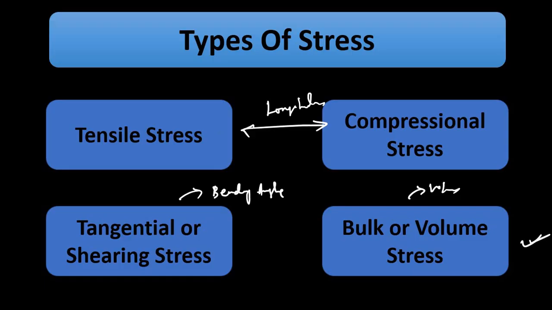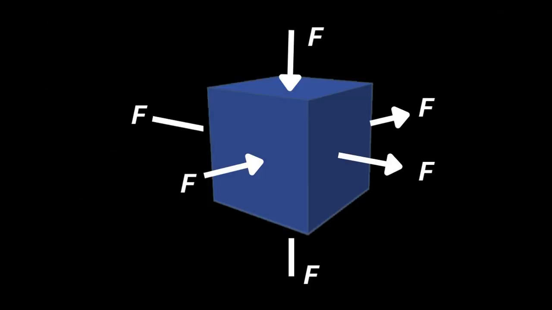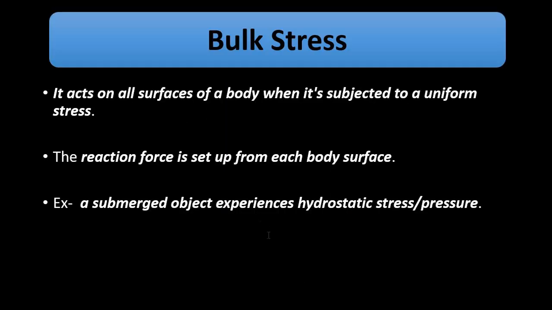If you remember, bulk stress is the stress which is basically uniform. It acts on all surfaces of the body, and the reaction force in response to those externally applied forces is called the bulk stress. An example of that is the hydrostatic stress when a body is submerged in water.